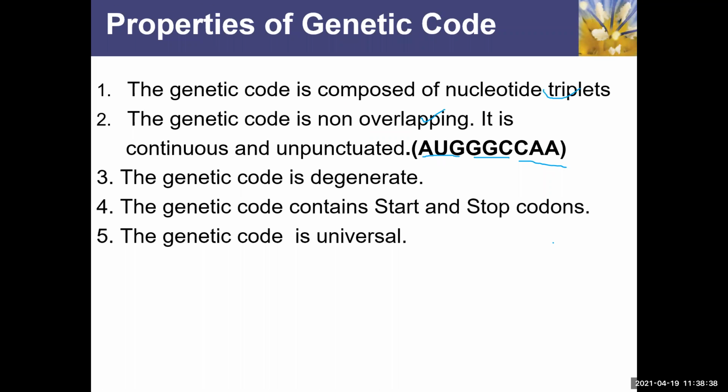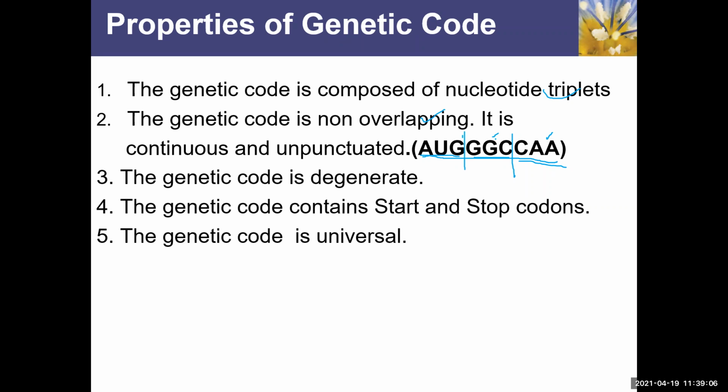So the codons are read one after the other, like AUG, GGC, CAA, right? There's no comma, okay. It's unpunctuated. There's no full stop. There's no semicolon present here. So if I have this base sequence, I know that there are 3 codons present over here, 1, 2, and 3, right? So this is called non-overlapping.